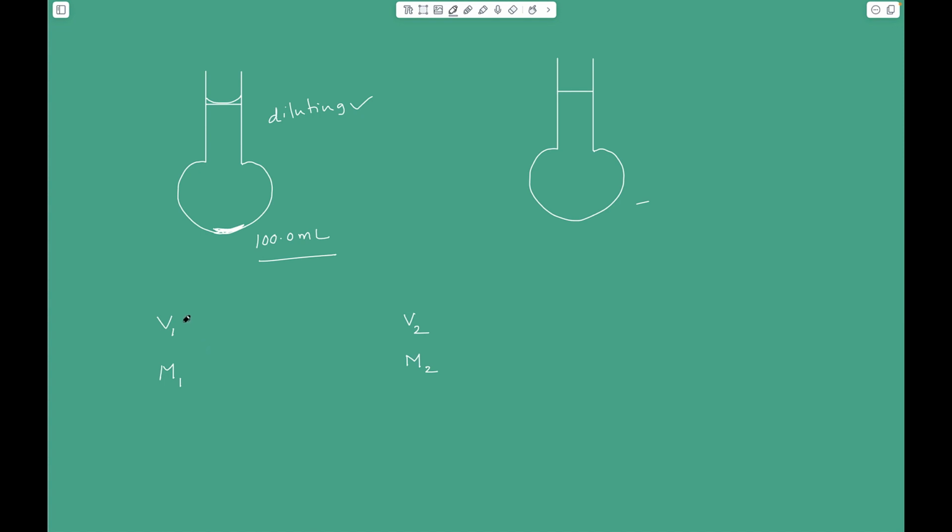Here, we are trying to dilute V1 volume of the concentrated stock solution with molarity M1 to V2 volume of the dilute solution with molarity M2. And how are we doing that? By adding solvent or water in case of aqueous solution to a given volume of the stock solution. All we are doing is that and nothing else.